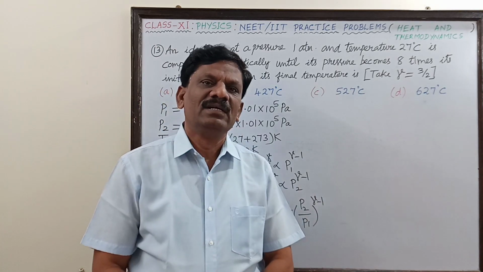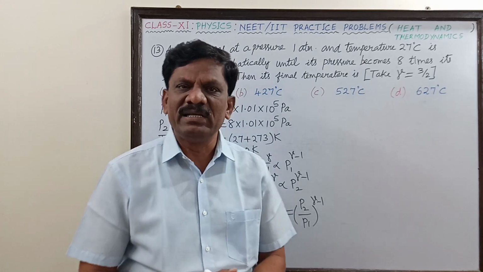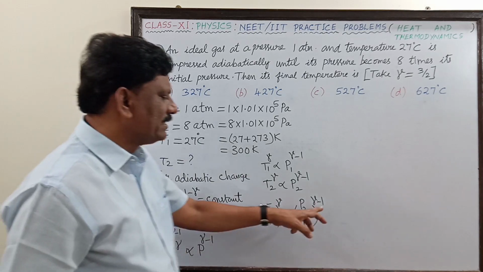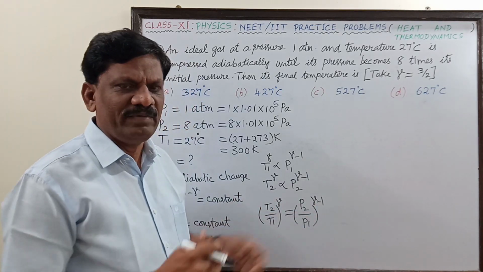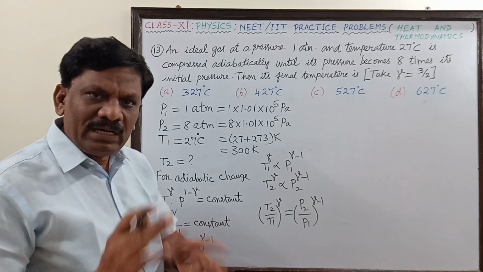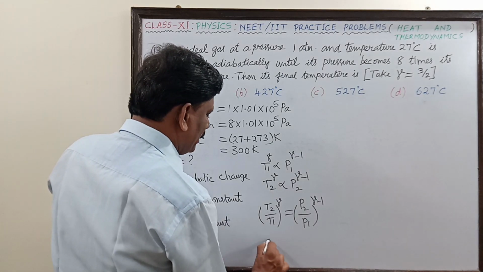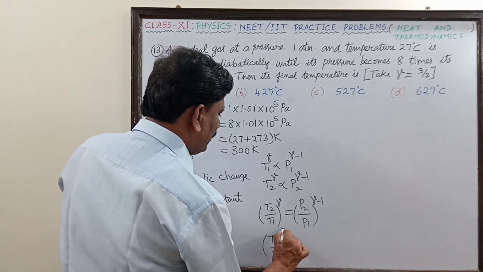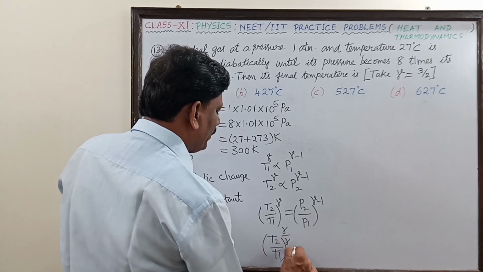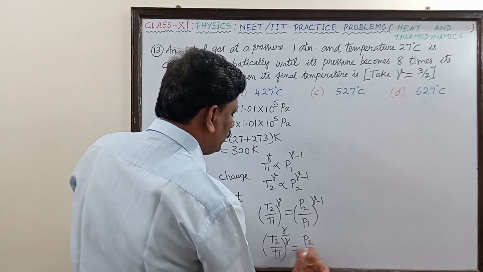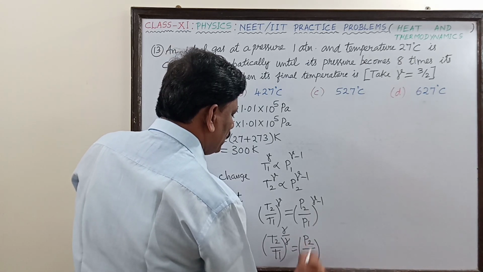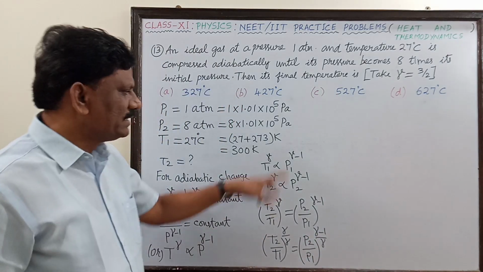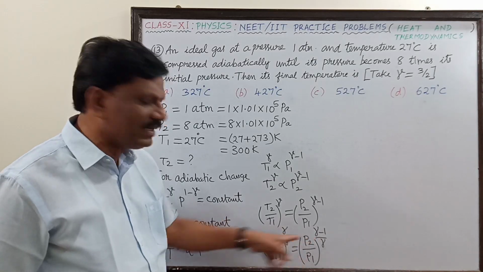Now some knowledge of mathematics is required. On the left hand side the power is gamma, on the right side the power is gamma minus 1. So directly we cannot equate them, but we can alter the powers. T2 by T1 whole to the power of gamma divided by gamma is equal to P2 divided by P1 raised to the power gamma minus 1 divided by gamma. Because they are proportional to each other, I can alter the powers like this.